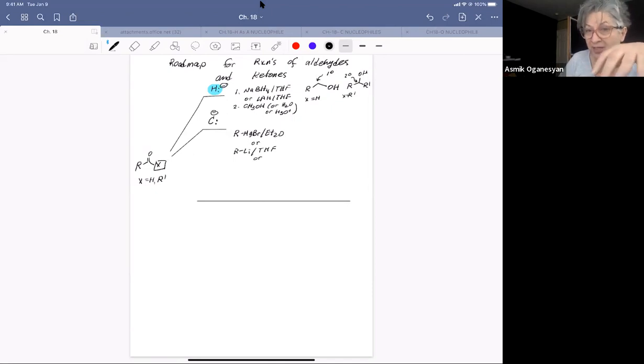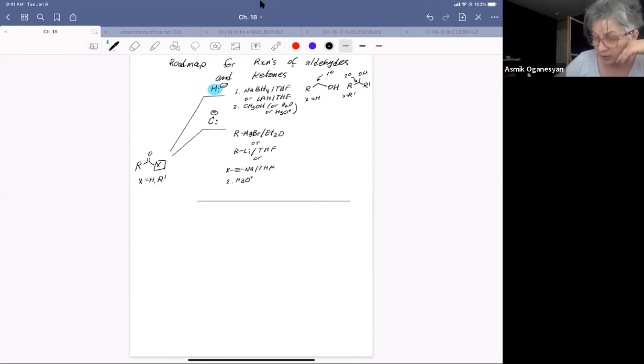For the rest of them, it really doesn't matter. One of them, and second step will be dilute acid processing to form an alcohol.